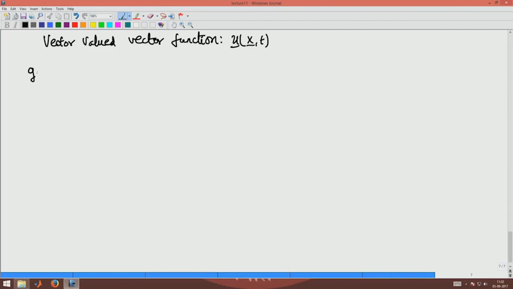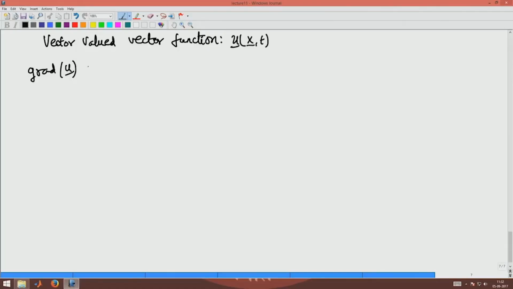Now, if I say gradient of u, what I mean is I have 3 functions which depend upon 3 variables, right. Since there are 3 functions that depend upon 3 variables, I will have 9 slopes to find. For each function of 3 variables, I will have 3 slopes to be determined. Similarly, there are 3 functions, so I will have 9 slopes to be determined. So, those 9 slopes are arranged in this particular fashion.